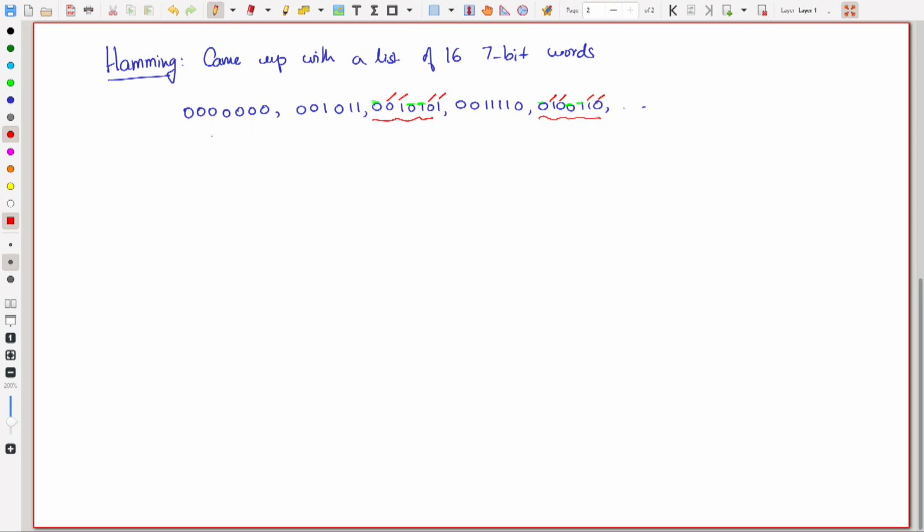but in general in this Hamming's list of 16 7-digit words, any two words will differ in at least 3 different places.